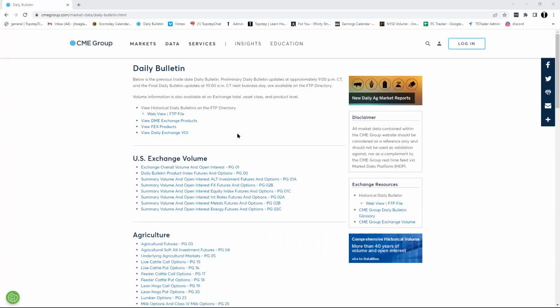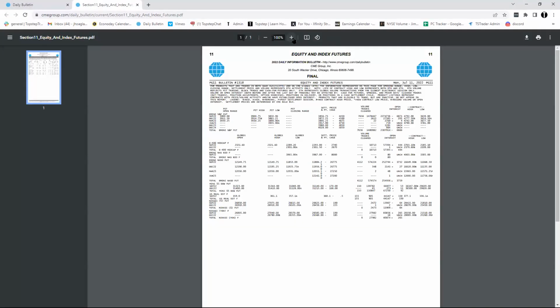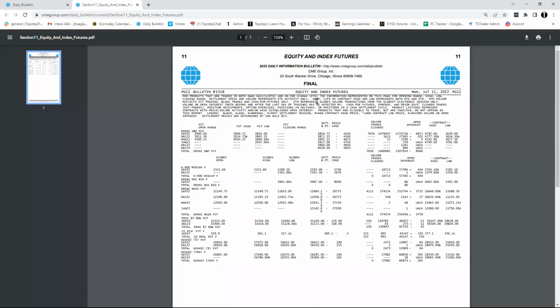And here's what we look at. So here's equities. If I click on equities, now I'm going to get, this is the final from yesterday. First thing in the morning, I'm going to be getting preliminary. Is it preliminary? It's preliminary. So even the exchange takes a little while to come up with these numbers.